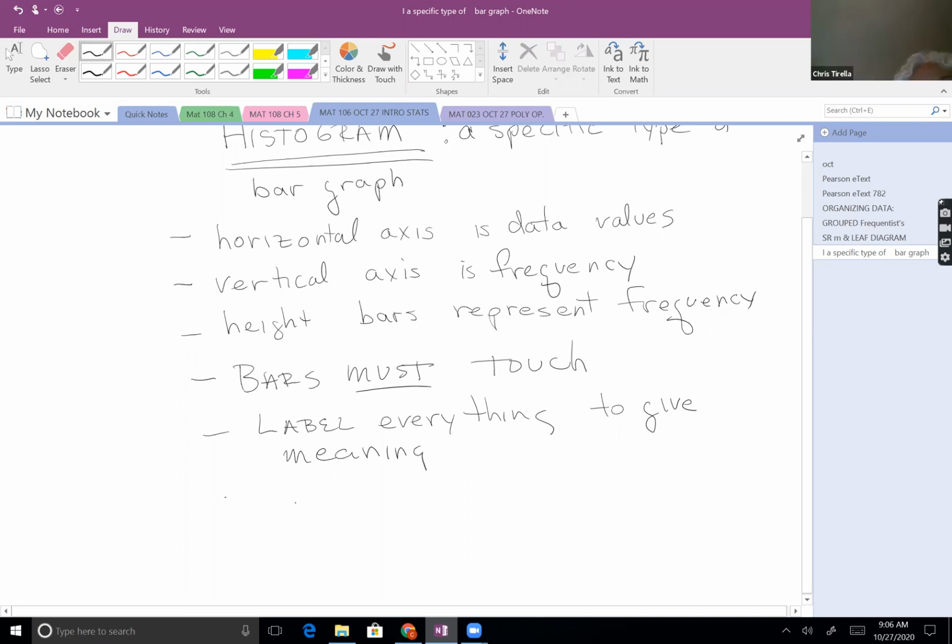And you need to put a break in the axis if you're not counting from 0.